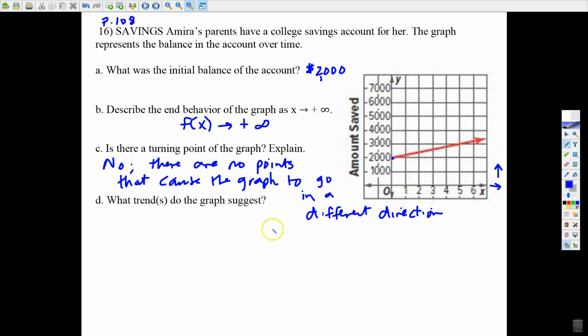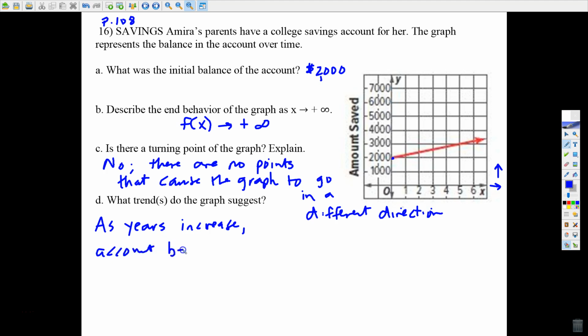So what trends does this graph suggest? Well, a trend is what do we expect to continue to happen if this current condition continues? Well, as the years go on, as years increase, as we get further into the future, in other words, we would expect this amount to be saved to increase as well.